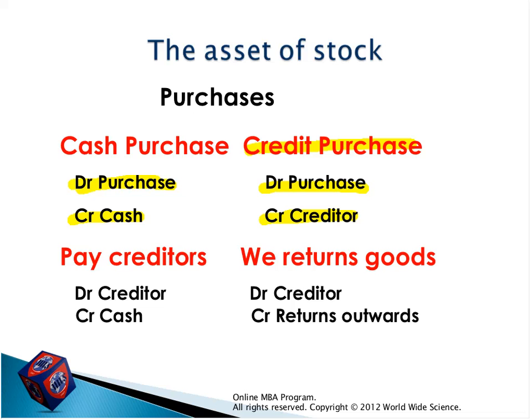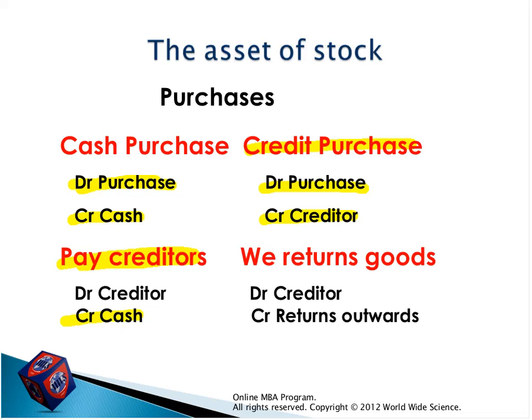Next one is paying creditors. Now, for example, after some time, 1 to 3 months, we have some cash to pay our creditors, to pay for the raw materials which we bought the last time. So here the cash will be decreased, and we show it on the credit side, right?